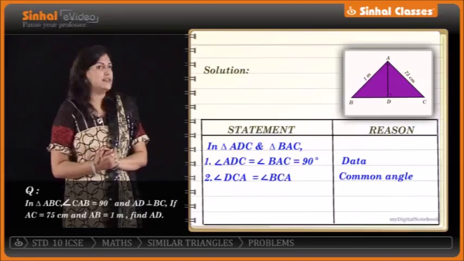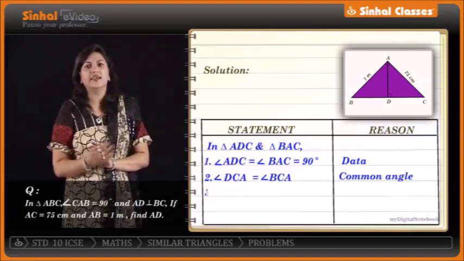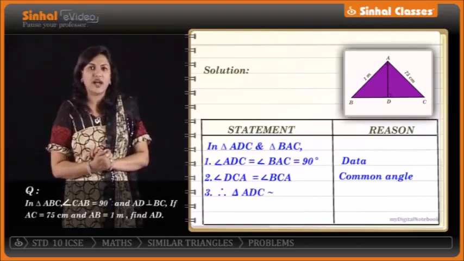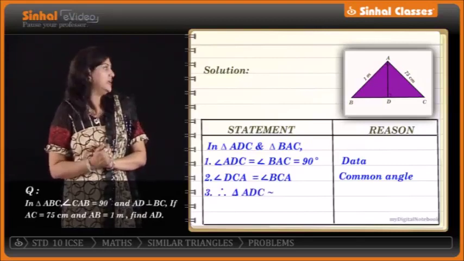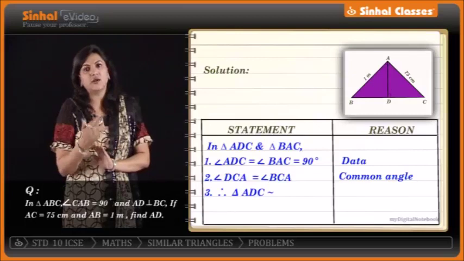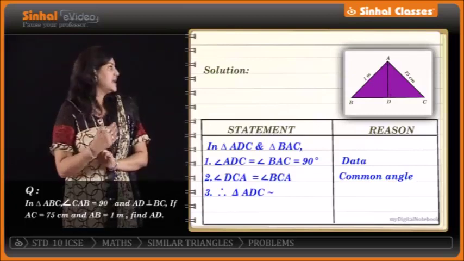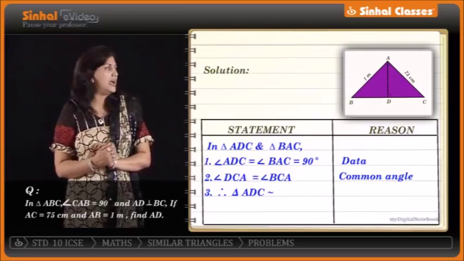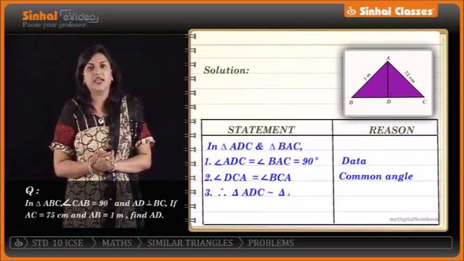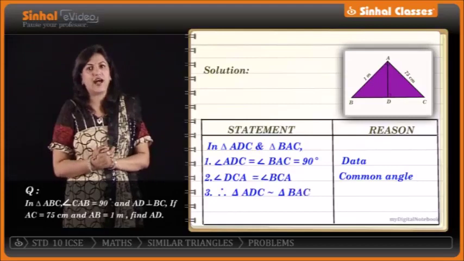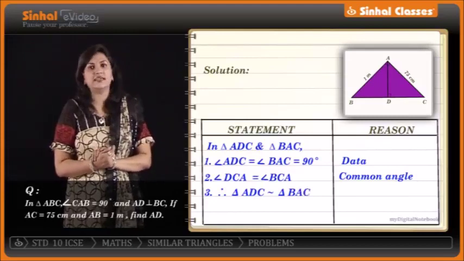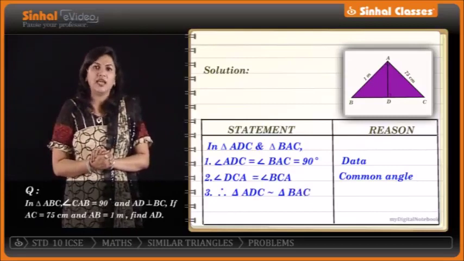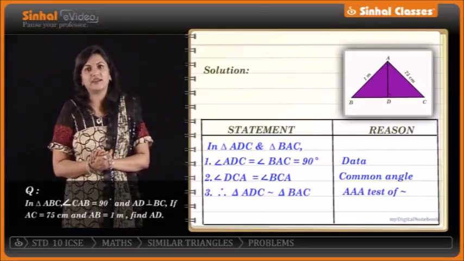That is, triangle ADC is similar to triangle... now A is equal to which angle? It's equal to B. And D is equal to A, each 90 degrees. And C is equal to C. So we write the second triangle as triangle BAC. That is, triangle ADC is similar to triangle BAC by the AAA test of similarity.